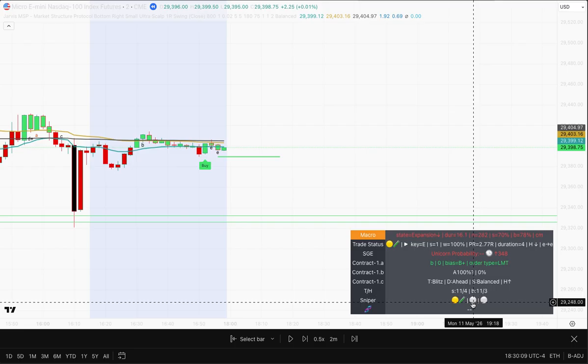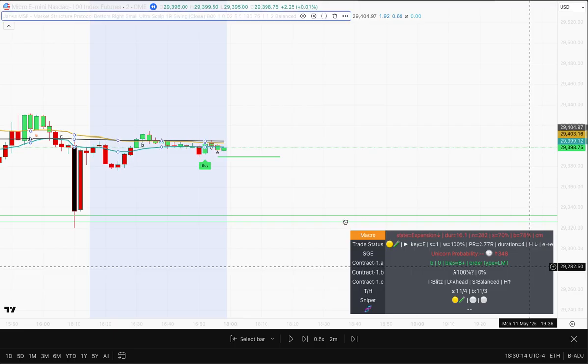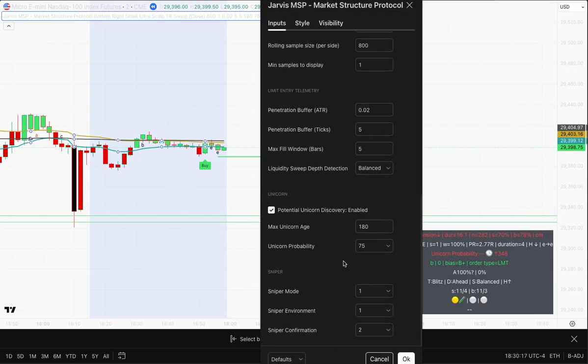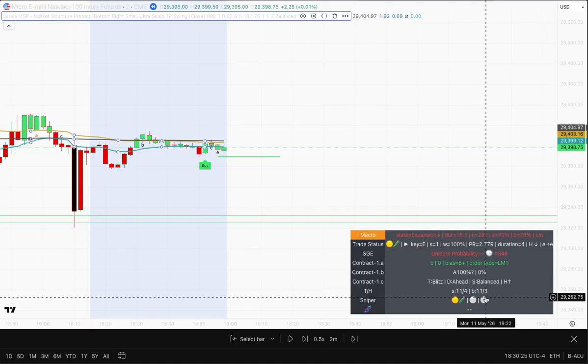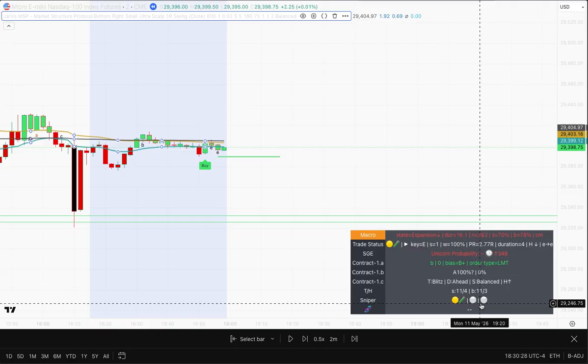The next one here, which is grayed out because it's not fully evaluated yet, is the sniper. Based off of your configuration, your sniper mode, this tells you whether this is a trade where Jarvis can say, hey, based off of your sniper configurations, take the shot. The next is acceptance. This is the A1 print. We're not even there yet. So right now, this is early. Okay, so let's go ahead and continue to play this through.